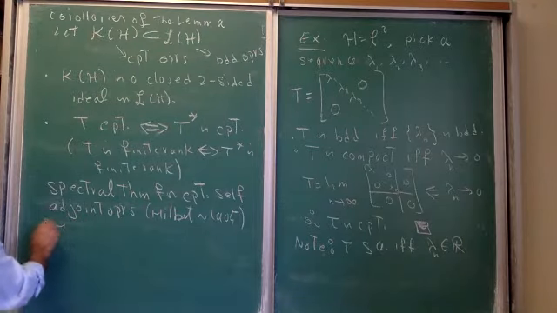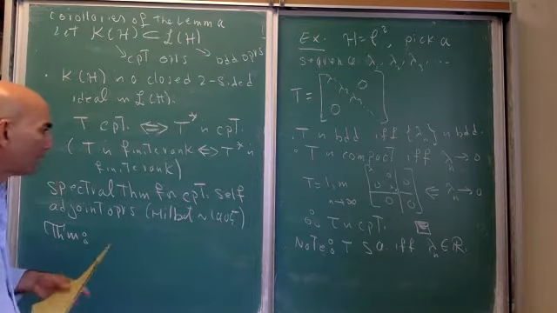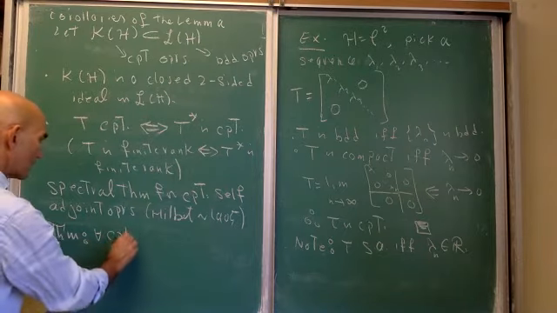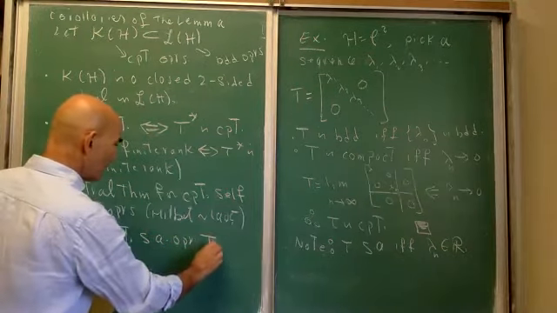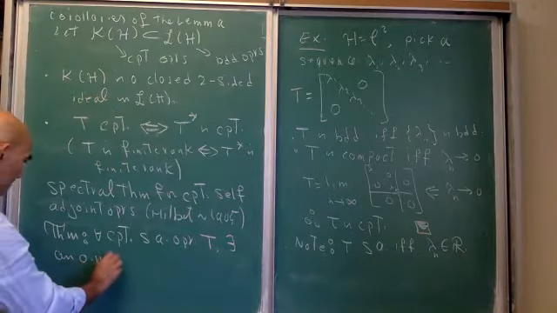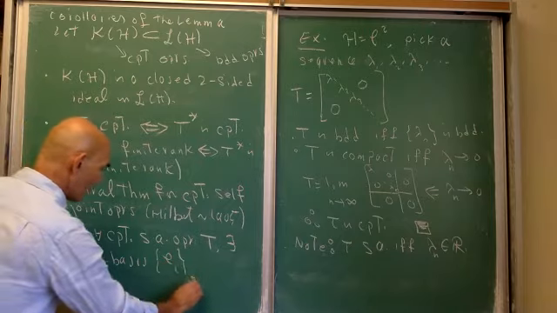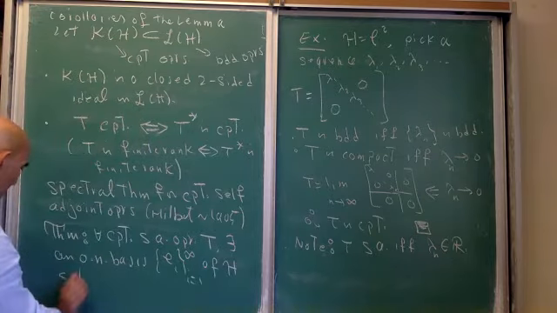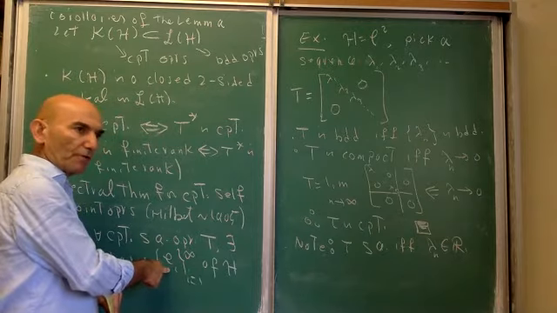The theorem says that for any compact self-adjoint operator T, there exists an orthonormal basis e_i, i from 1 to infinity, of H, such that the e_i are eigenvectors of T.